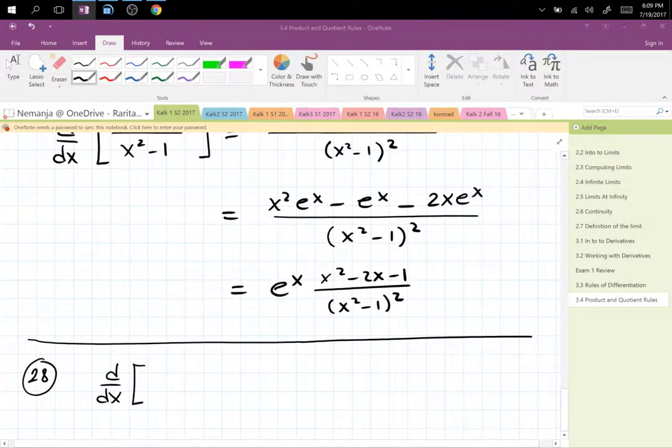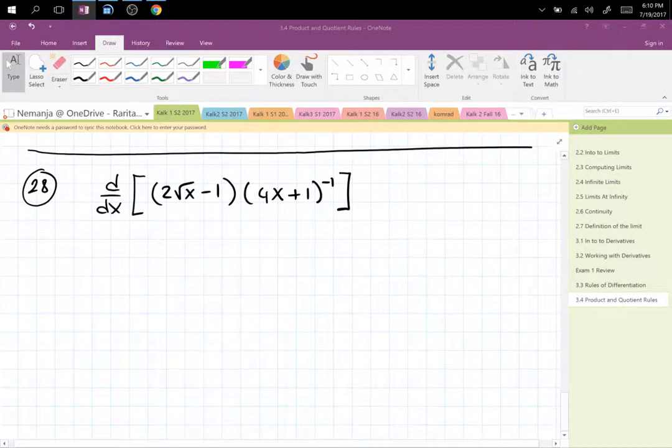Find the derivative of, it's written in a weird way. Oh, 4x plus 1 is on the bottom. There you go, yes. So this negative one drops it to the bottom, so it's a quotient rule.